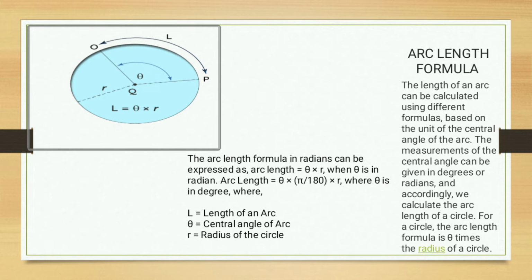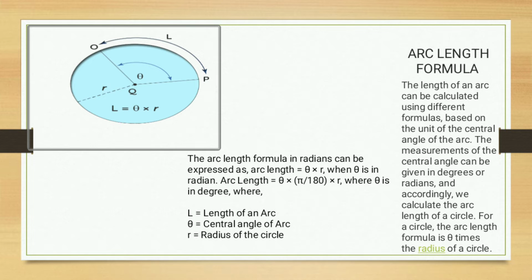Arc length formula. The length of an arc can be calculated using different formulas based on the unit of the central angle of the arc. The measurement of the central angle can be given in degrees or radians, and accordingly we calculate the arc length of a circle.